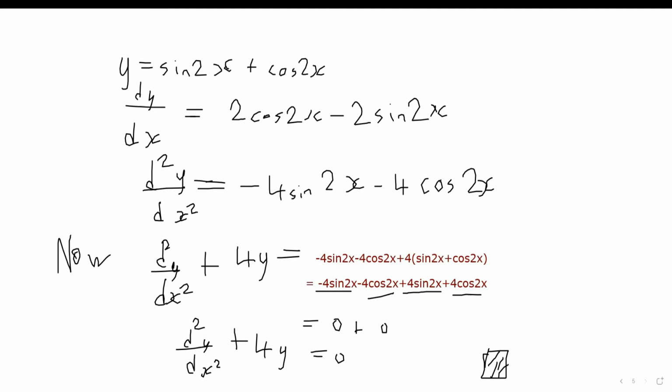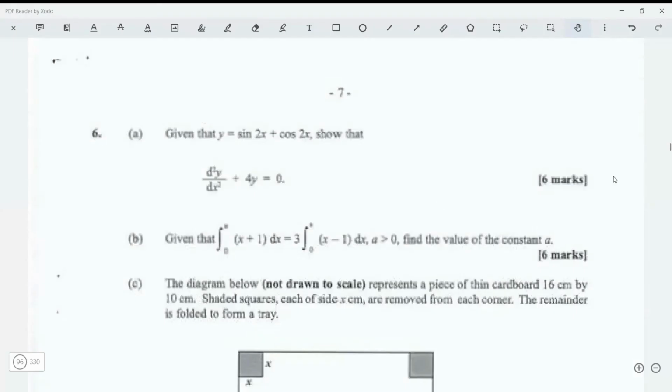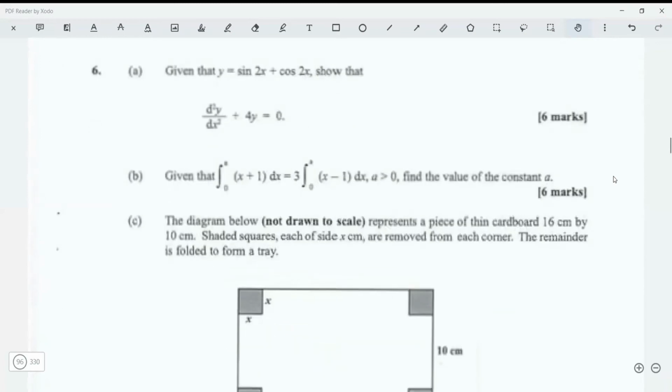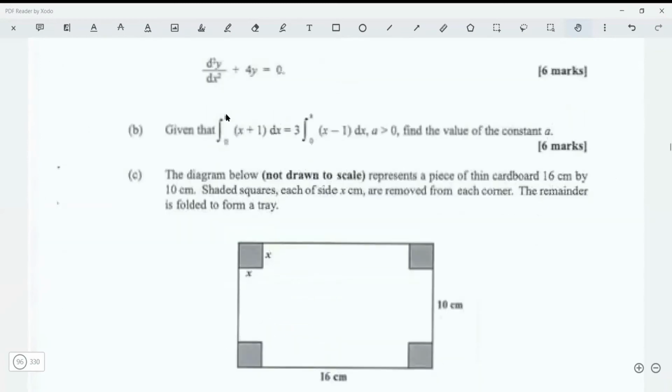All right, nice. Now, the next question says, given that the integral from 0 to a of x plus 1 is 3 times the integral from 0 to a of x minus 1, find the value of a, where a is positive.